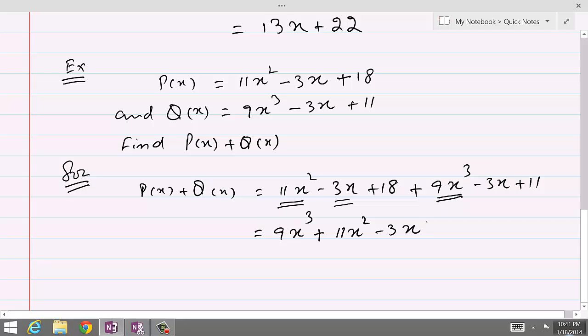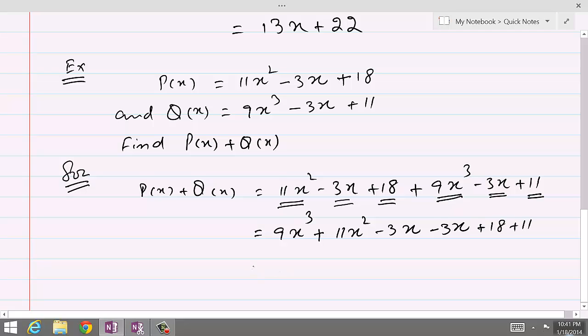Is there another term which involves x only? Yes, there is one, which is this. So let's write them together, minus 3x, and this is constant. Is there another constant term? Yes, there is one, which is plus 11, and plus 18 plus 11.